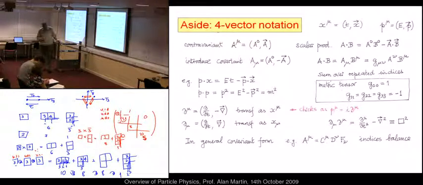Now if the system is a single particle, we know that that's m squared, because E squared equals p squared plus m squared. Remember, c is equal to 1. So p squared, as a 4-vector squared, is just equal to the mass squared of the particle if the system is just a particle of mass m.